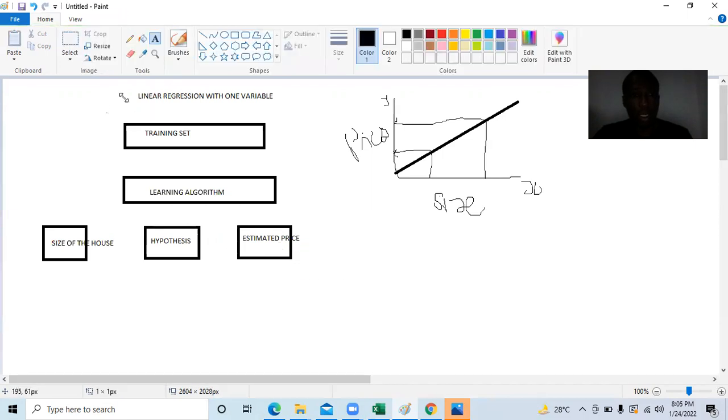So we draw this like this, right? This is just basically what we do in machine learning and data science. And we draw this like this, and then we draw this like this. So this has this arrow.